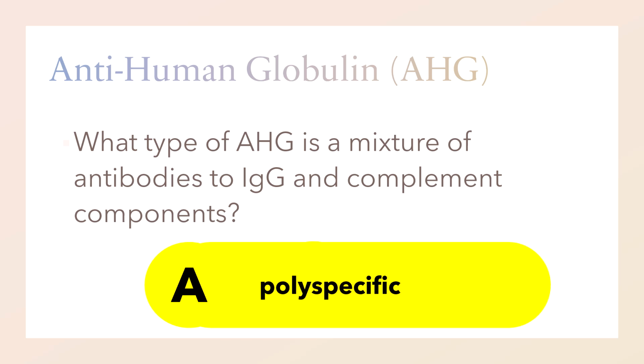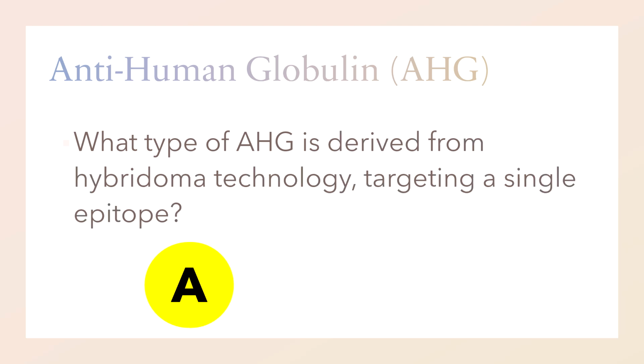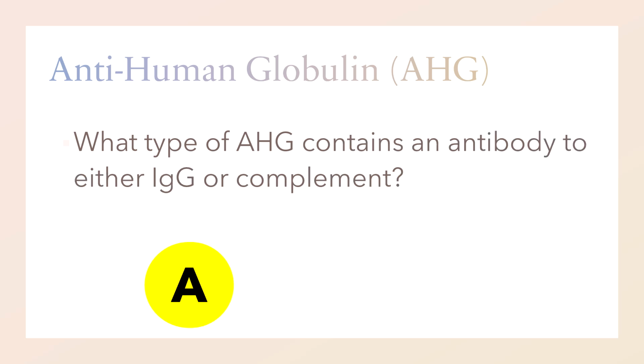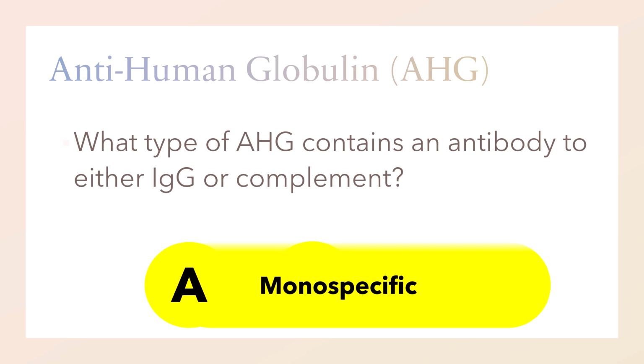Polyspecific. What type of AHG is derived from hybridoma technology targeting a single epitope? Monoclonal. What type of AHG contains an antibody to either IgG or complement, but not both? Monospecific.